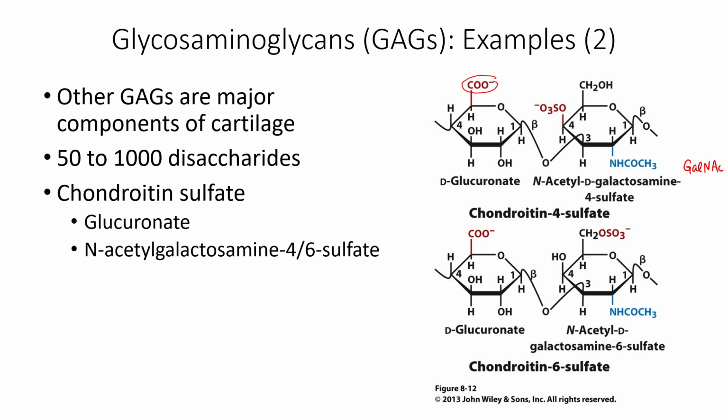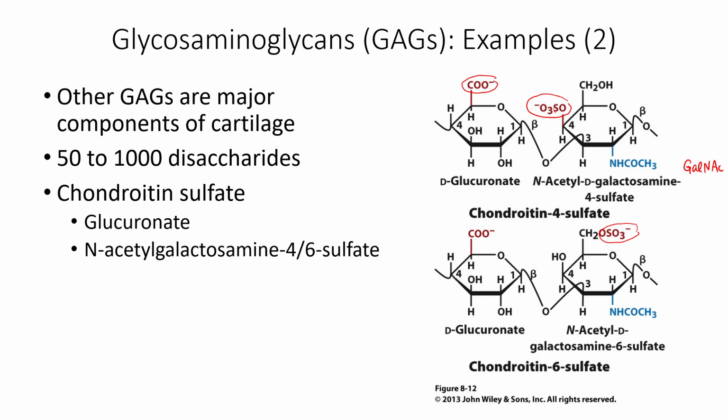This sugar has been further modified by the addition of a sulfate group at the 4 position or the 6 position. At the top we have N-acetylgalactosamine 4-sulfate, where you have a sulfate on the 4 carbon. You can also have that sulfate group located on the 6 carbon, as is pictured below.